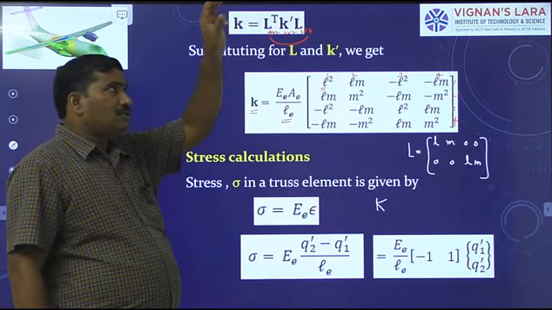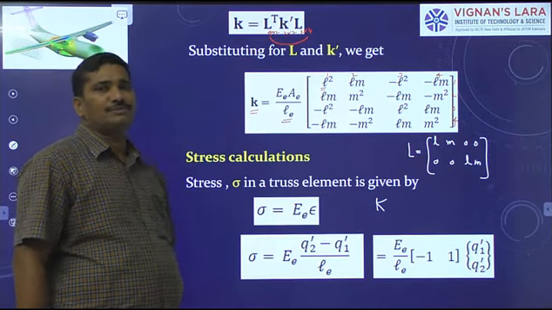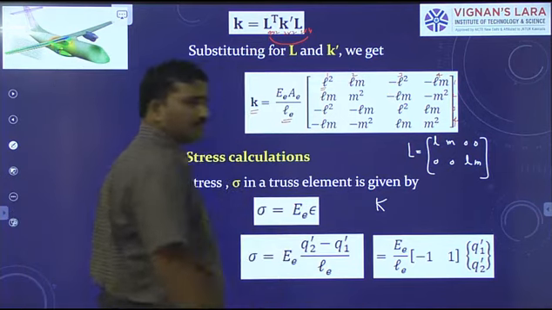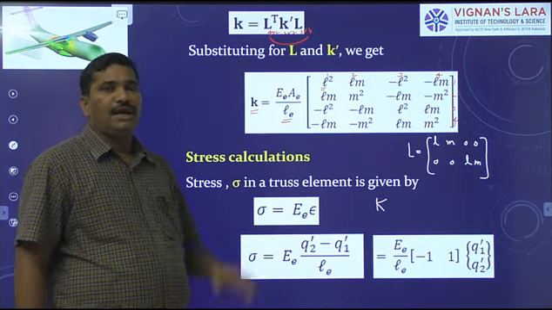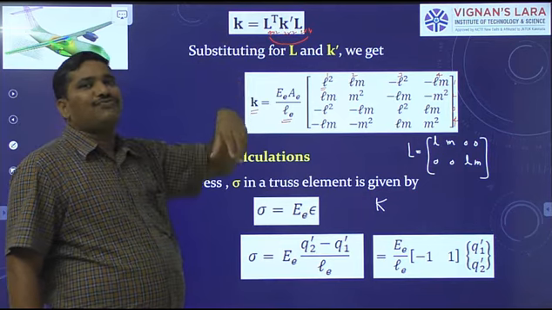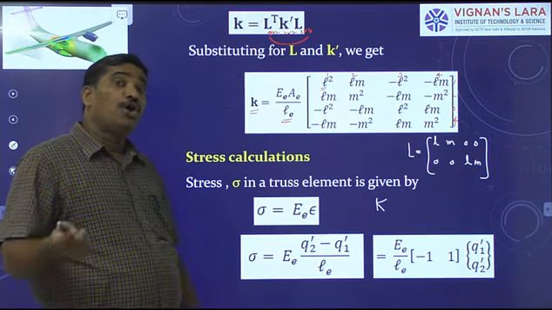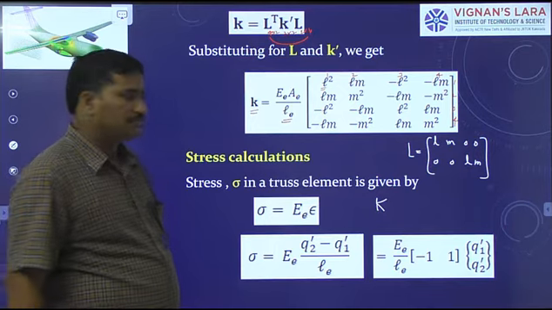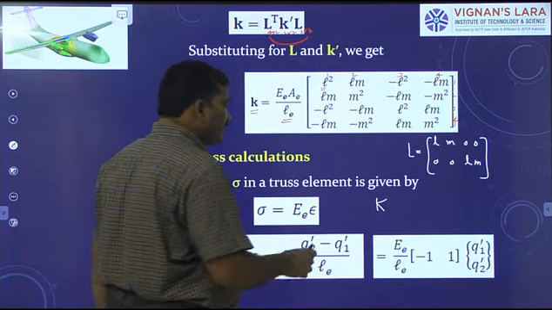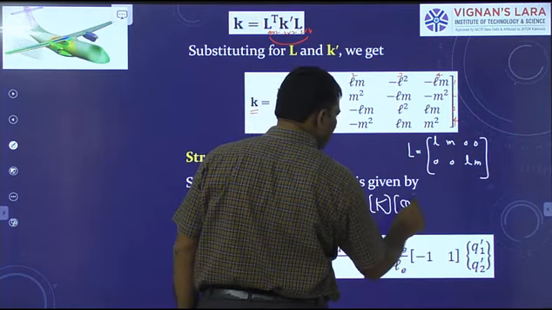If there are three elements, you determine three element stiffness matrices, then assemble, and you get the global stiffness matrix. In truss structures, we observe concentrated forces acting at the joints. Then you prepare the global load vector F and write the equations of equilibrium: capital K into capital Q equals F.